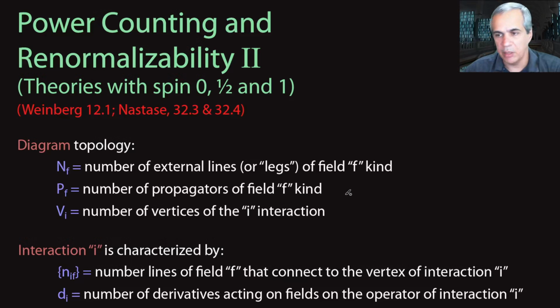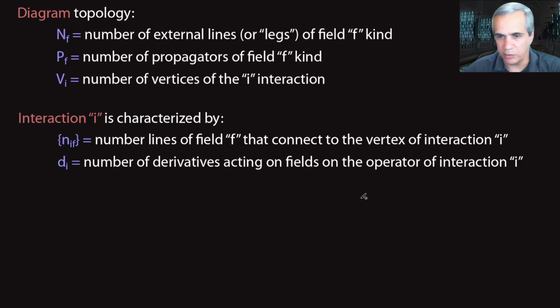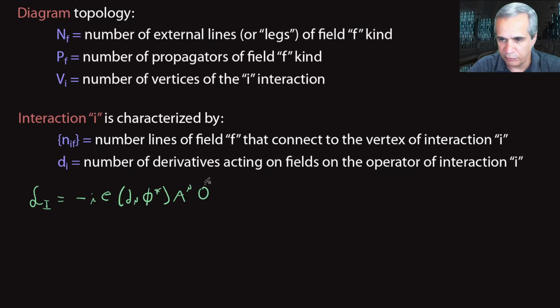Let me give you a couple of examples just to make these more definite. So take an interaction Lagrangian that looks like this: minus i e del mu phi star A mu phi, where phi is a complex scalar and A mu is a vector.